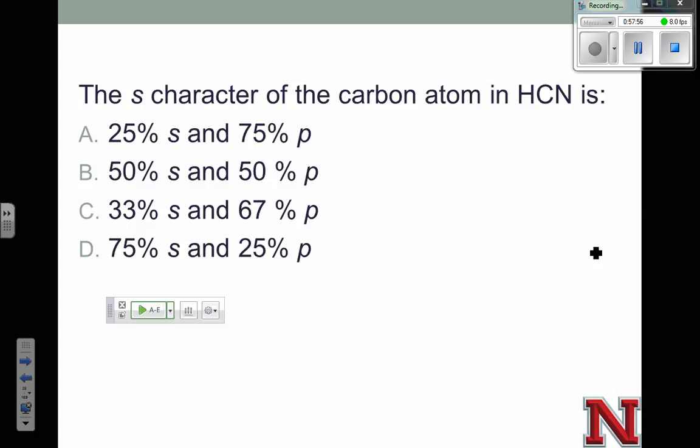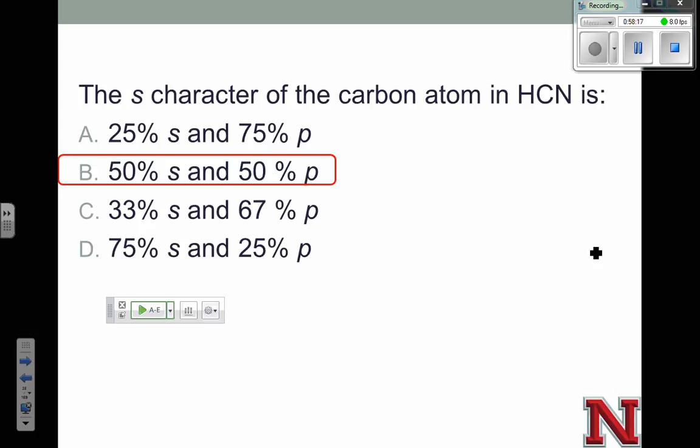So if it's sp, that means it must be 50% s and 50% p. Figure out what these are for the rest of your orbitals. You should understand. Oh, and we did that. And sp2, what is it? It's one third.